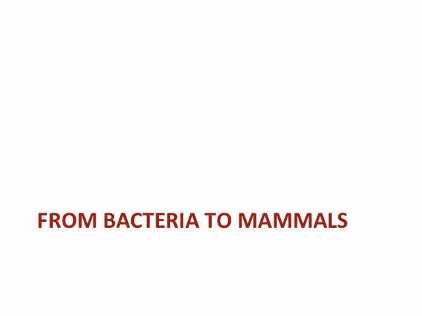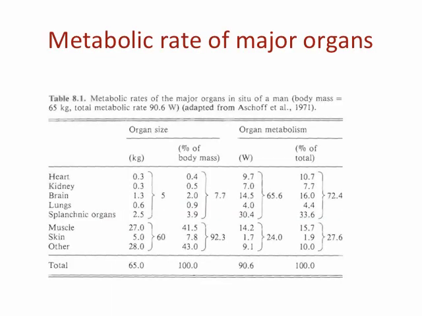Just a couple of slides about metabolism in mammals and across the biosphere. This slide here shows two important things: organ size and what fraction of the body mass they are, and then their metabolic activity and what fraction of the oxygen they consume, or what fraction of body metabolism takes place in these different organs.